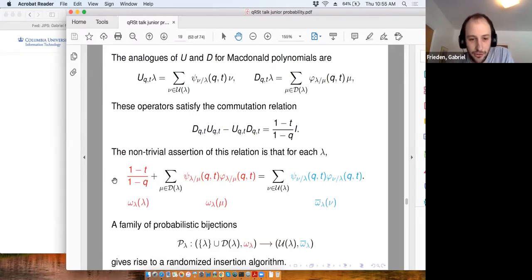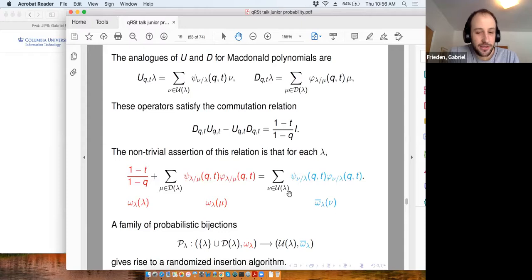What we wanted to do was find a family of probabilistic bijections from the things on this side, so the smaller partitions plus lambda itself, to the bigger partitions, a probabilistic bijection between these two sets.